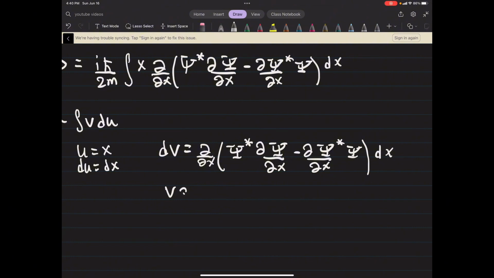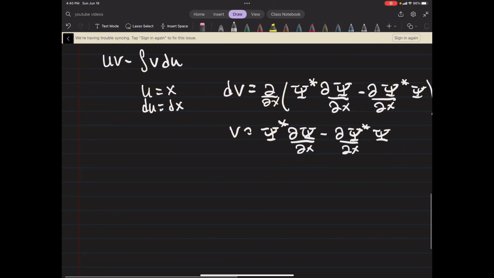And then when we integrate this with respect to x, this is just from the fundamental theorem of calculus. We'll just get our inside part here. Okay. Now we're going to do uv minus the integral of v du. But v has our wave function in it, and remember that our wave function is normalizable.